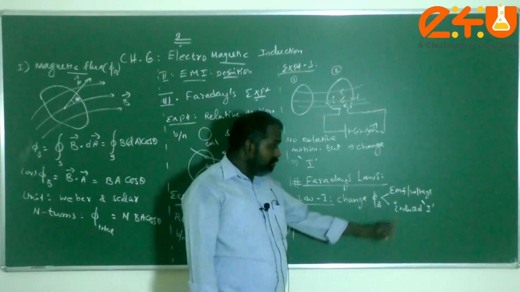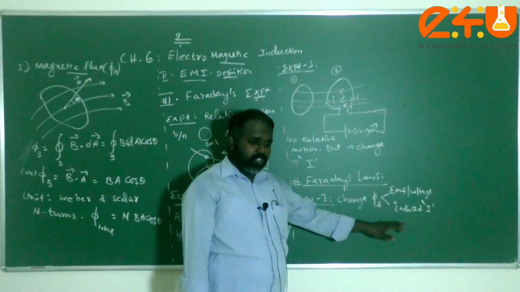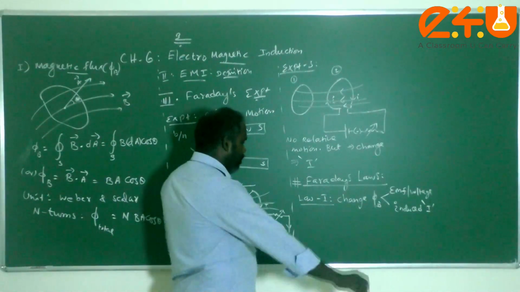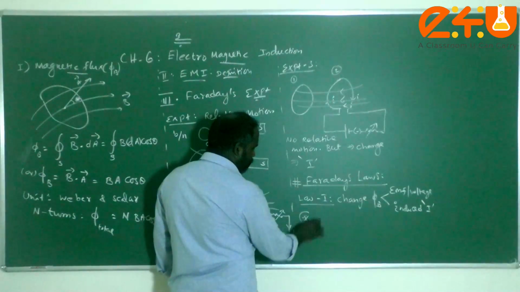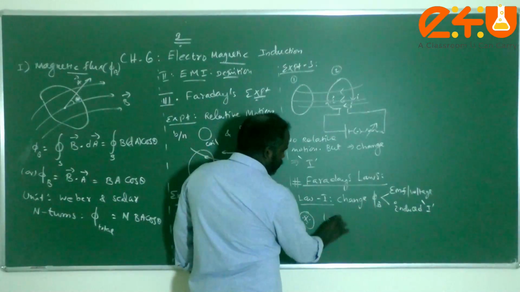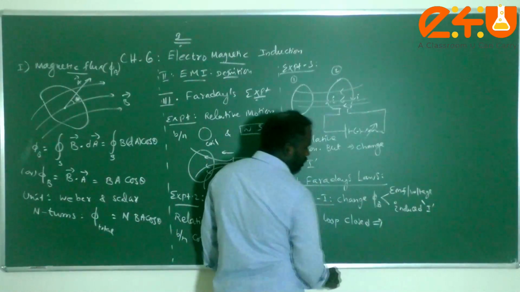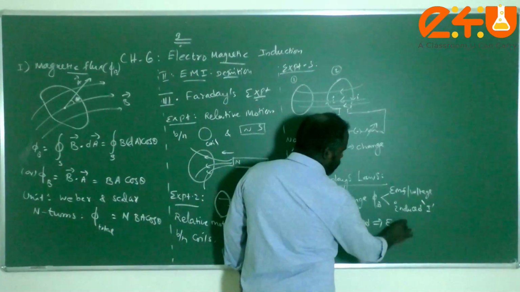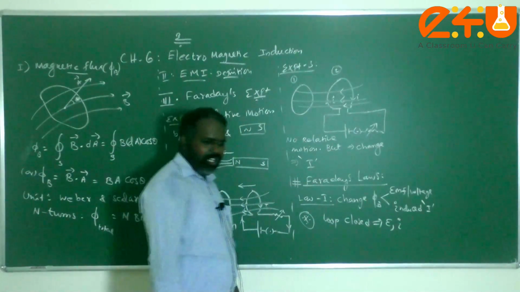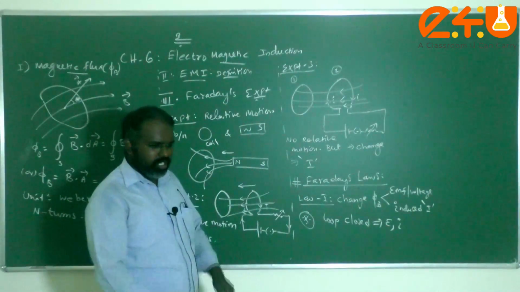In what situation EMF will exist, and in what situation current will exist, this is the important thing you must keep in mind. When the loop is closed, both will exist. That means EMF will exist as well as induced current, because it is a closed circuit.